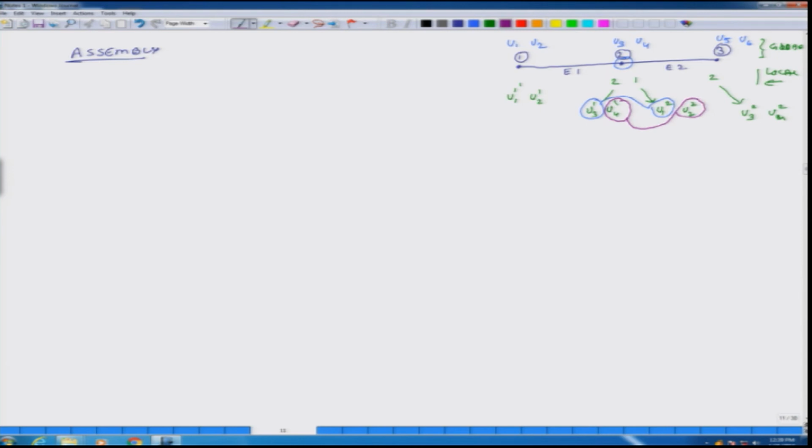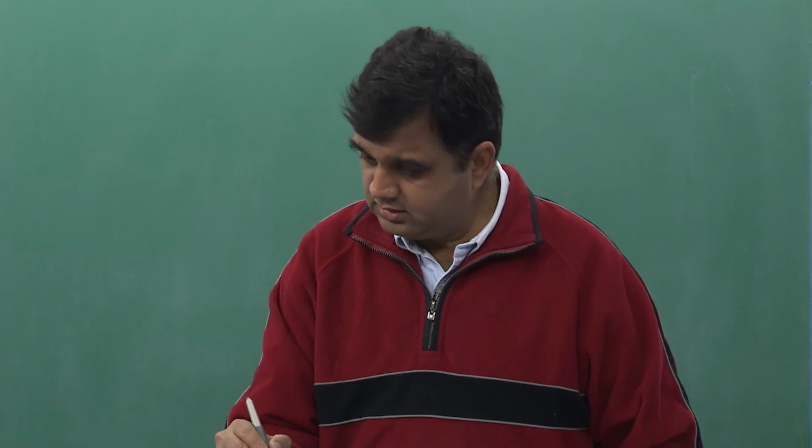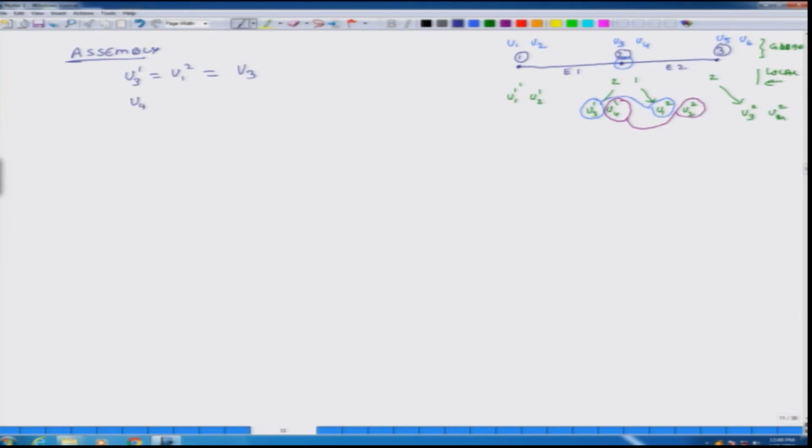So, the conditions at the common node are u3 1 equals u1 2, and that equals my global degree of freedom, which is u3. Similarly, u4 1 equals u2 2, and that equals u4. Because I am equating these, these are the conditions for continuity.